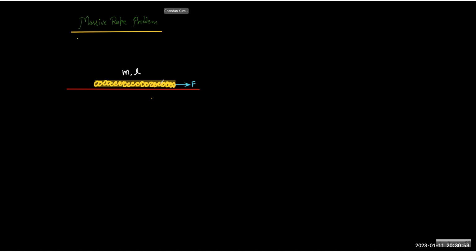If you're pulling the rope at the right end, the tension will be maximum at which end, the right or the leftmost? So where will the tension be maximum? On the right. Very good.